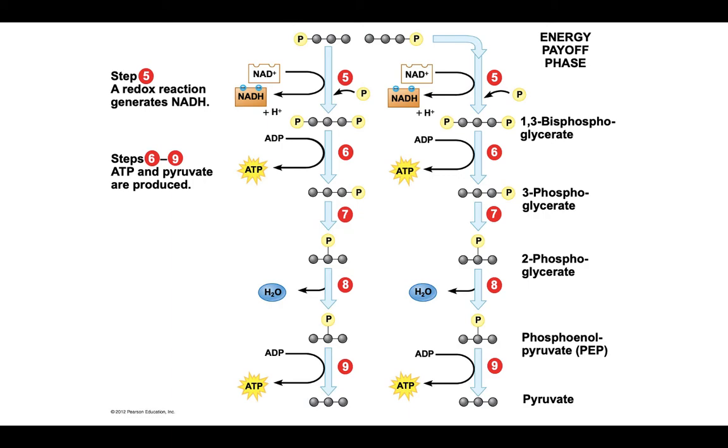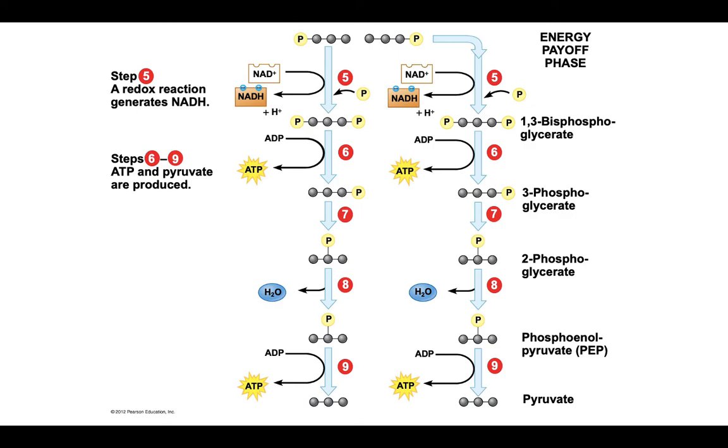From the 3-phosphoglycerate, there will be another round of rearrangement of the molecules for it to become 2-phosphoglycerate. That is, the phosphate molecule will attach to the second carbon of the 3-phosphoglycerate.